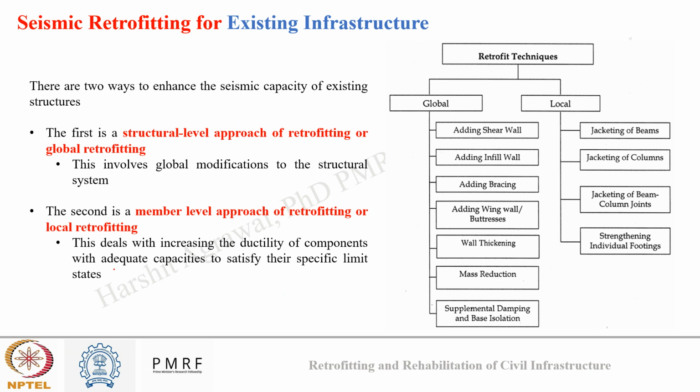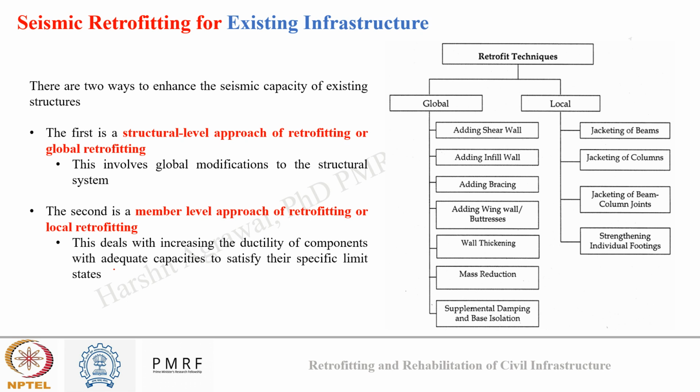Now, for applying the measures we discussed in the previous slide, either strengthening or ductility, on a structure, there are two ways to enhance the seismic capacity of an existing structure. The first is a structure level approach of retrofitting, or global retrofitting. This involves global modification of the structural system, so globally means throughout the structure.